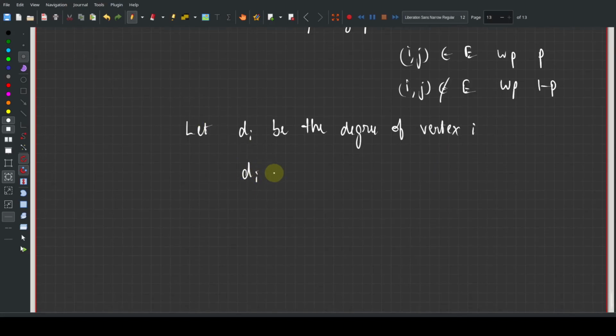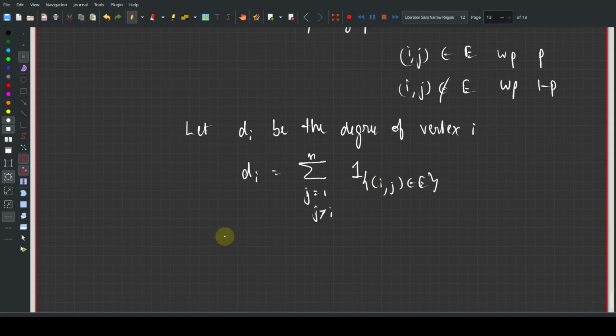Now, what is di equal to? It is the total number of edges which are incident on i. I can write this as a summation from j equal to 1 to n, but j not equal to i. I'll count the number of edges. So between i and j, I'll count a 1 if ij is an edge, and I'll count a 0 if there is no edge between i and j.